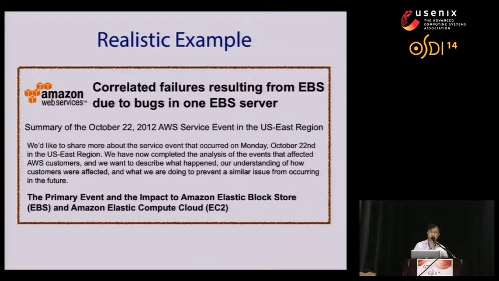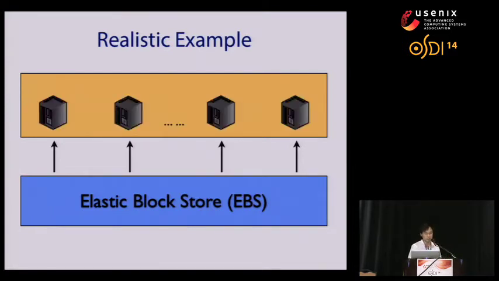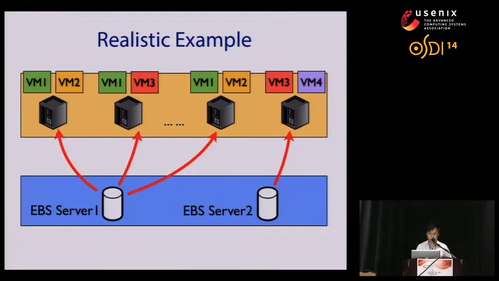2 years ago, correlated failures resulting from EBS happened in Amazon. In Amazon, EBS offers storage support to the EC2 service. There are many physical machines running in EC2. Some application providers, such as Netflix, rent redundant virtual machines running on those physical machines to ensure reliability.